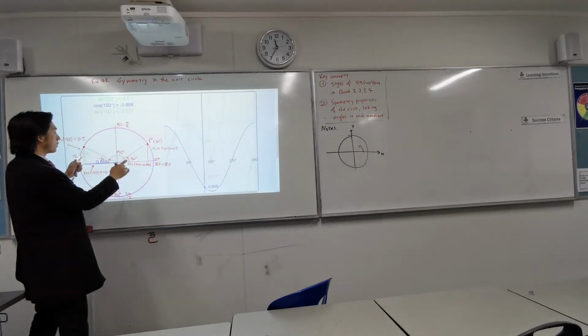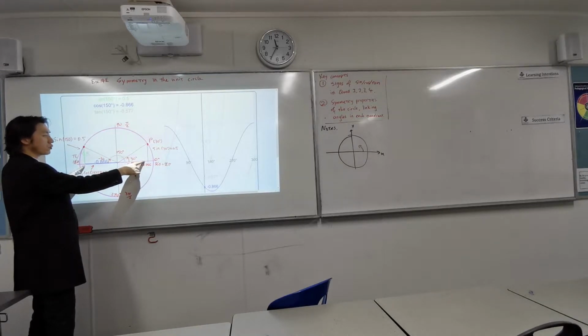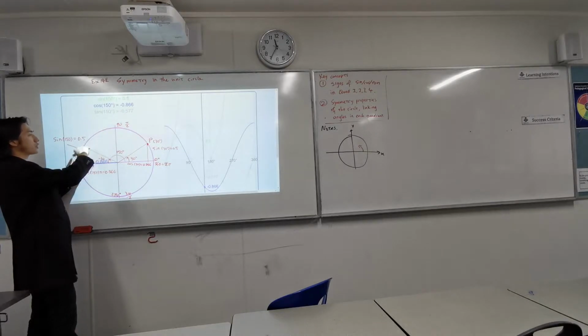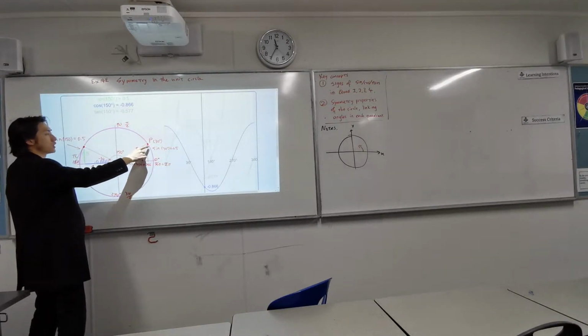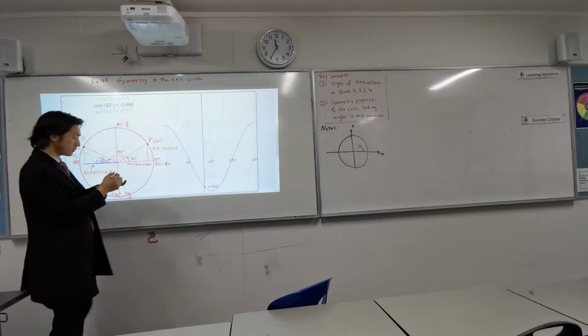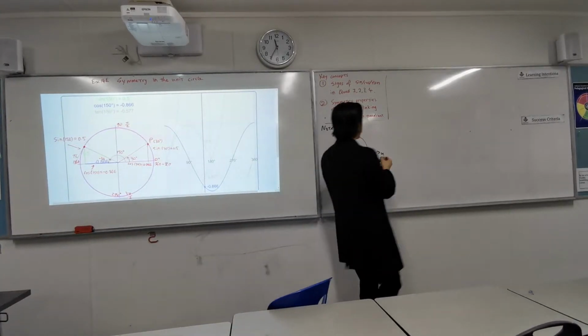Now, at this point, we come to the fact that in other quadrants, in quadrant 2, there are values of sine and cosine that correspond to angles in quadrant 1. So here are the following notes that we're going to copy down.